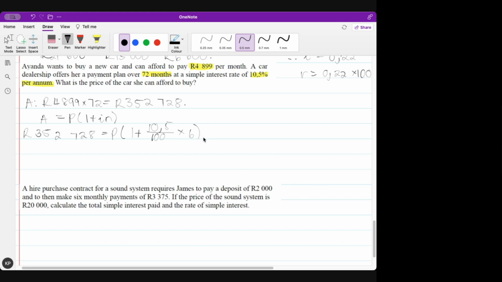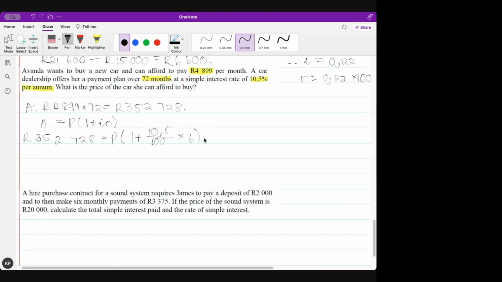Right, let's get working. 352,728. I have an amount and it is the same as Abu's amount.